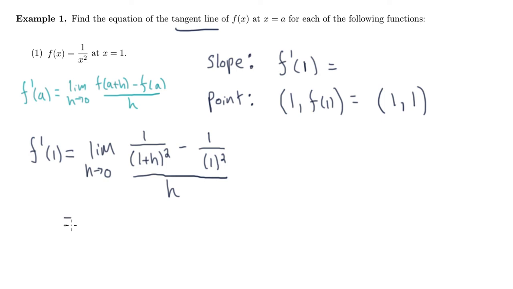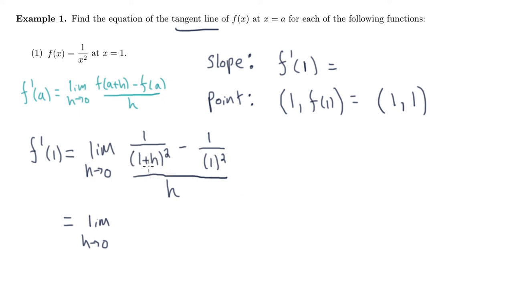So this limit, as will most of the time be the case when finding a derivative via the limit, is going to be an indeterminate form. If I just try to plug in h equals 0, I'm going to get 0 over 0. So I'm always going to have to do more work. And normally that's going to involve just some typical algebraic tricks like we've seen before. So what I can do here is, well, get a common denominator.